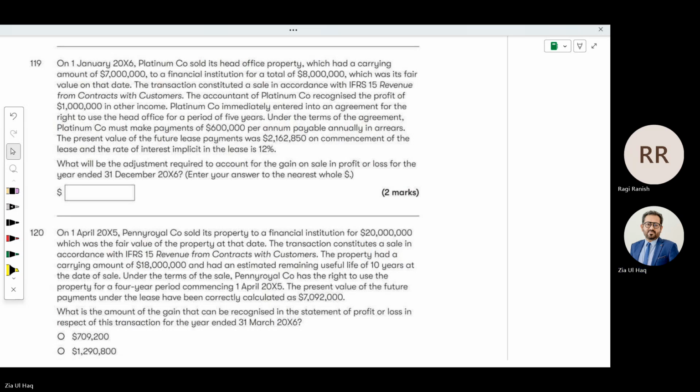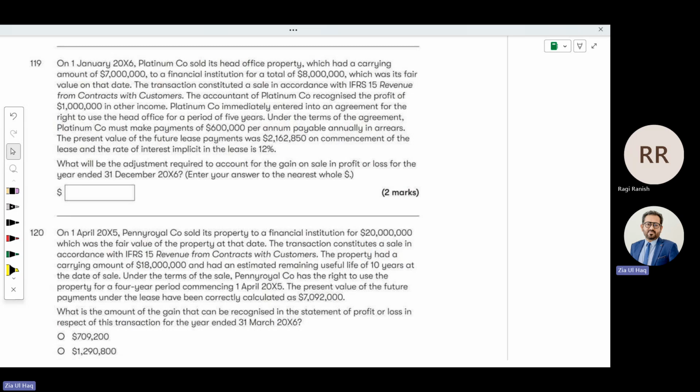Wrong. You need to record profit relating to the right transferred only. Because 1 million is the complete profit, you need to subtract the profit relating to the right retained. Platinum Company immediately entered into an agreement for the right to use the head office for a period of 5 years.